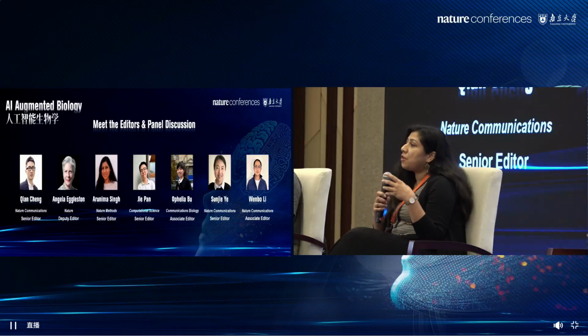We get a lot of papers that have very innovative computational method development, but they don't have very strong biological applications. For us, the actual biological finding is the more important aspect. But if the computational side is innovative and exciting, we frequently consult with other journals that might have a different bar.